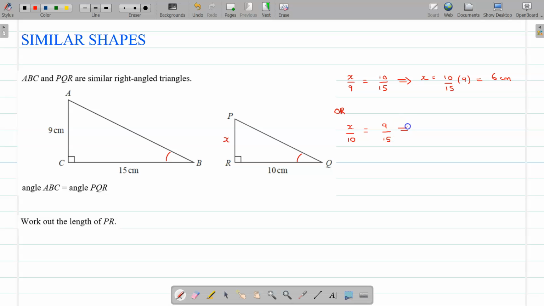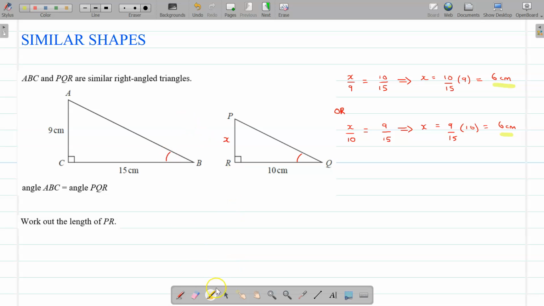Work that out, you get exactly the same answer, because you'd end up this time multiplying 9 over 15 by 10, which of course would give you 6 as well. So they're both leading to the same answer for that one.